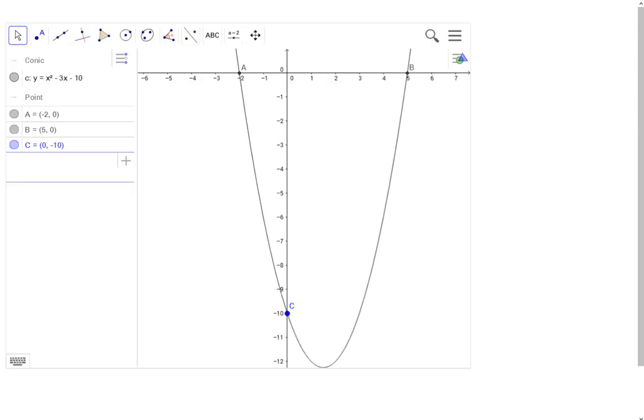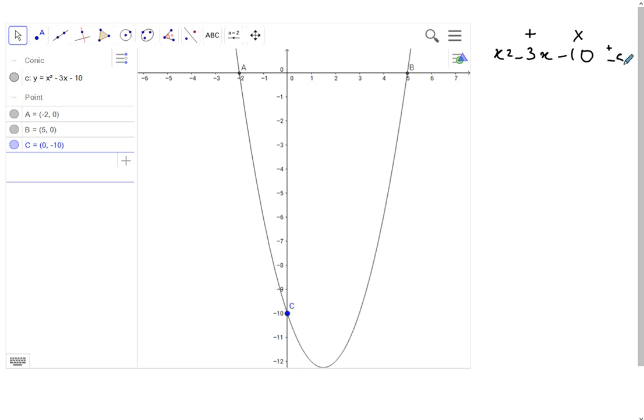Okay, if we factorized y equals x squared minus 3x minus 10, then you remember that we're looking for two numbers that add to give minus 3 and multiply to give minus 10. So the signs of the numbers are positive and negative, and then factors of 10 that have a difference of 3.